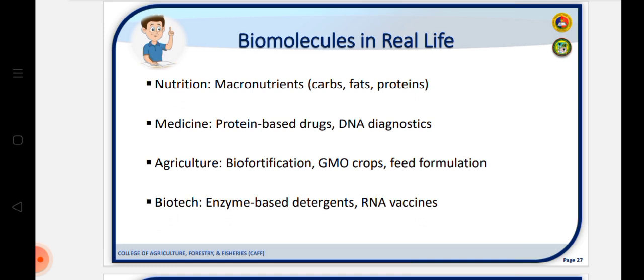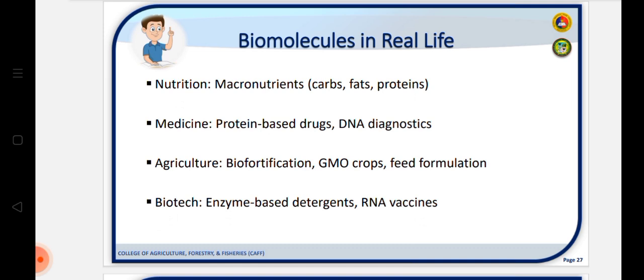Then, medicine. In healthcare, biomolecules are the foundation of innovation. So protein-based drugs like insulin and monoclonal antibodies treat chronic diseases. Then we also have DNA diagnostics that allow for early detection of genetic disorders and personalized medicine. Then in the field of agriculture, biomolecules drive progress.